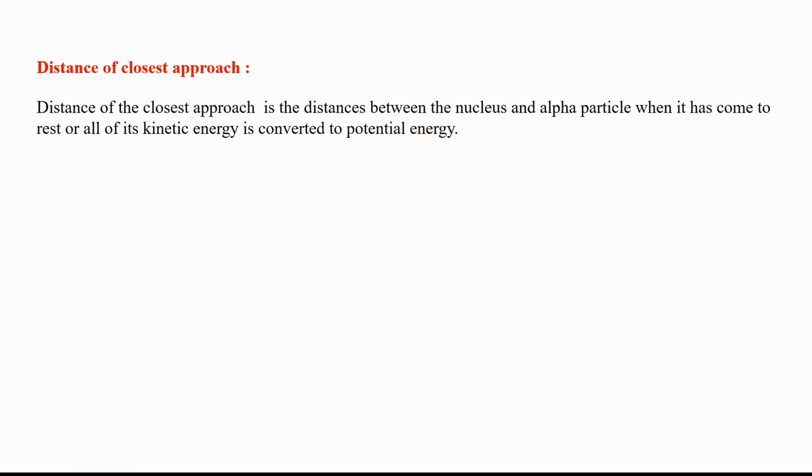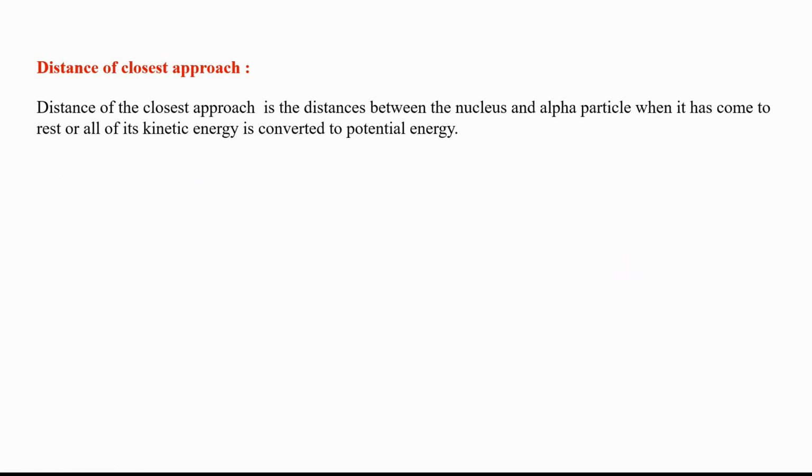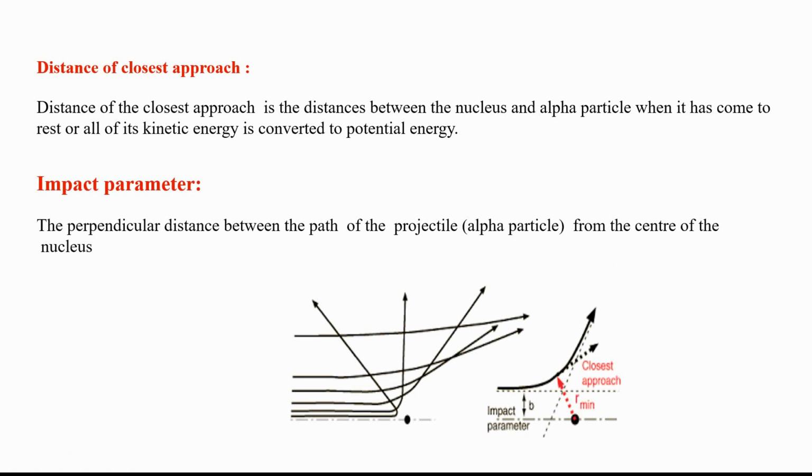When it comes to rest, ultimately the kinetic energy is converted to potential energy. And the impact parameter is nothing but the perpendicular distance between the path of the projectile and the center of the nucleus. By figure I will show you how. You just see that when the alpha particle comes, it is deviated by the nucleus, and if we measure this distance, we get the minimum distance.